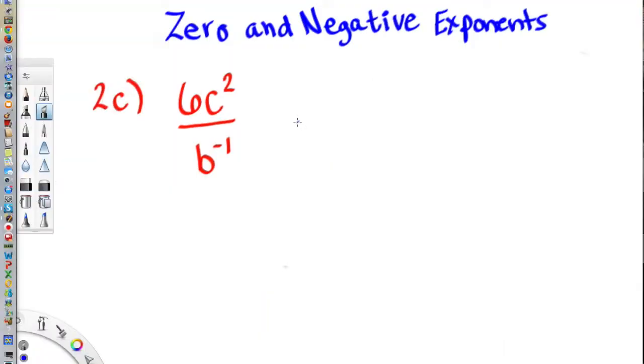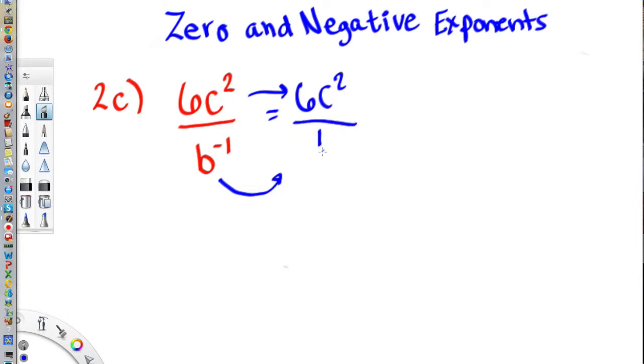Problem 2c, we have 6c to the second power over b to the negative first power. Okay, well, not much is going to happen in our numerator. We can't really do much with that, so that pretty much stays the same. But I know, once again, that when I have a negative exponent, I'm doing repeated division, not multiplication.